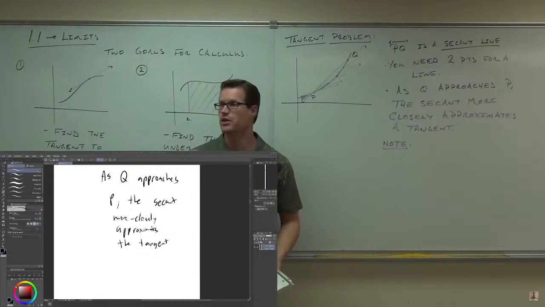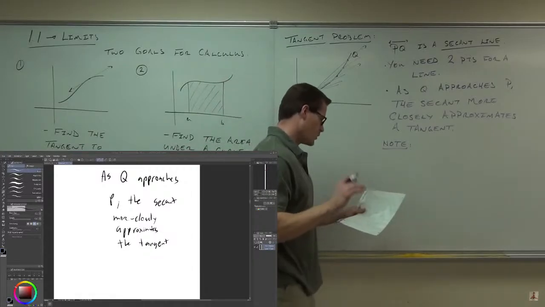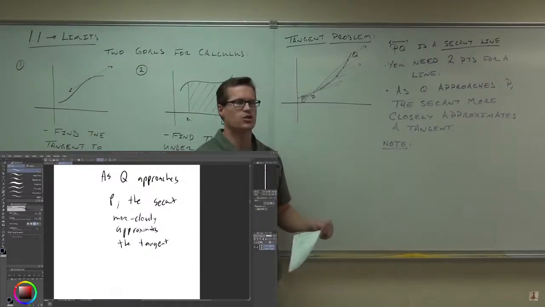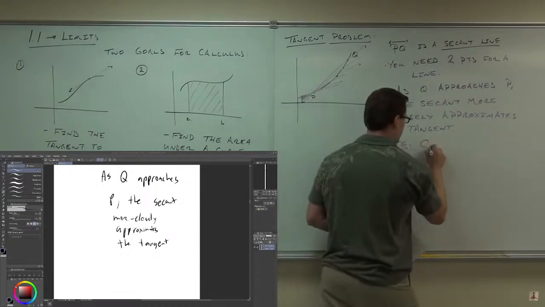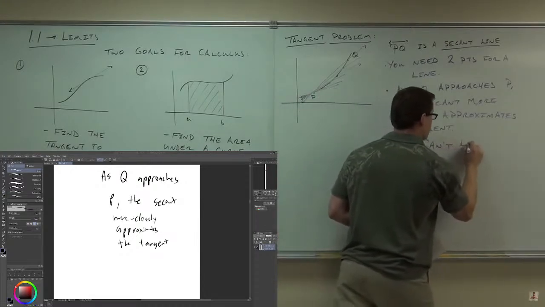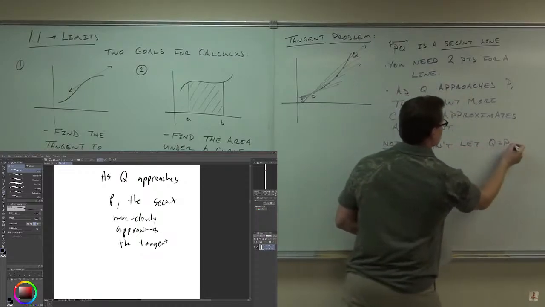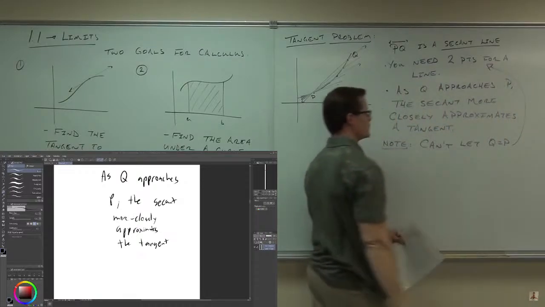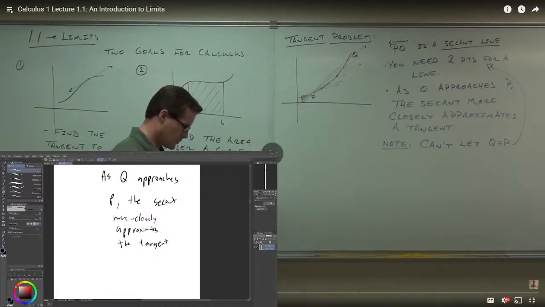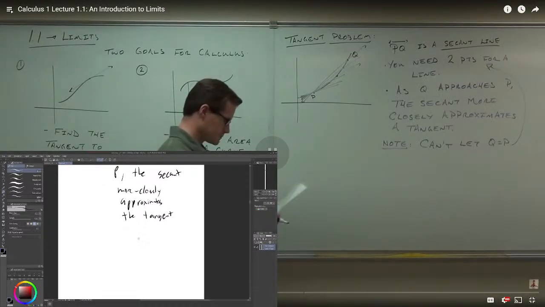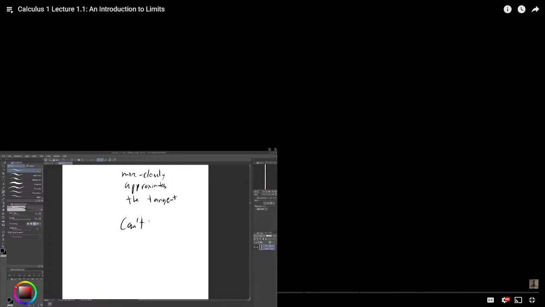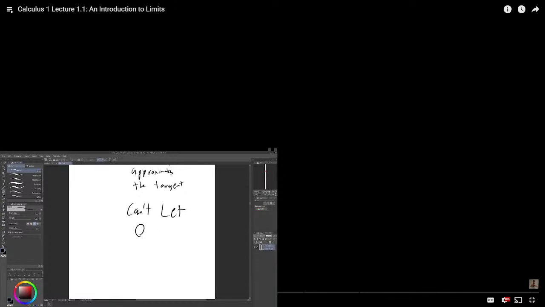You couldn't make an equation of a line with that. So one little note, we can't just let Q equal P because we need 2 points to make a line.